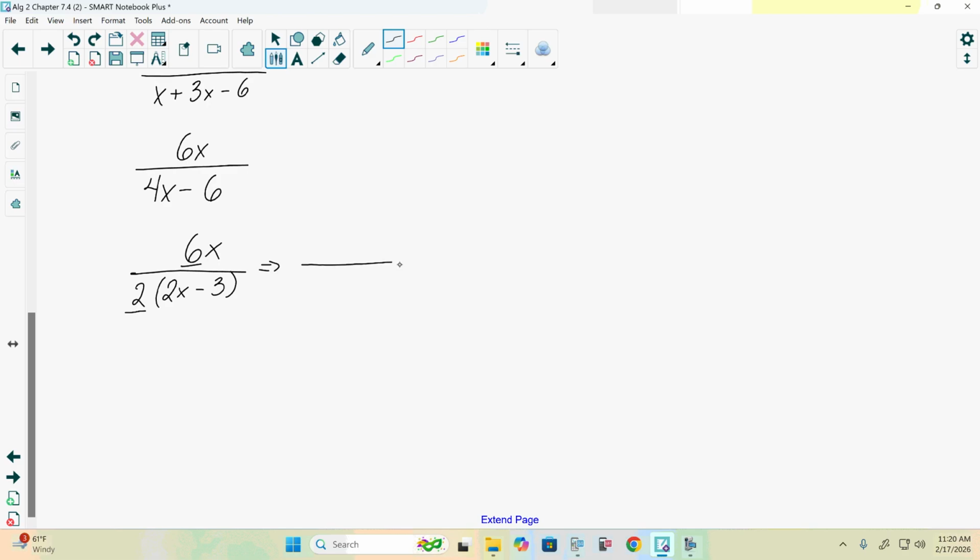Because 6 divided by 2 is 3. So the 6 on top would reduce to 3. Because we have 3 times x, we have that product. It can simplify. On bottom, the 2 factors out completely. So the 2 outside the parentheses, not our 2 next to the x, giving us 3x over 2x minus 3. So there was a common factor of 2 that had to be reduced at the end.